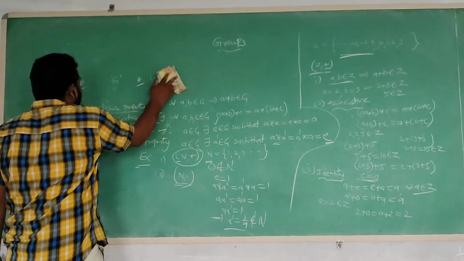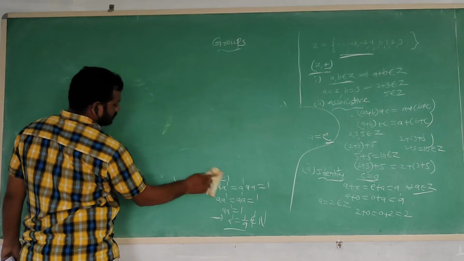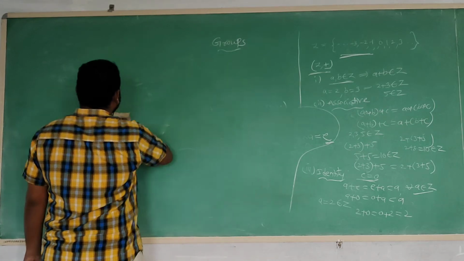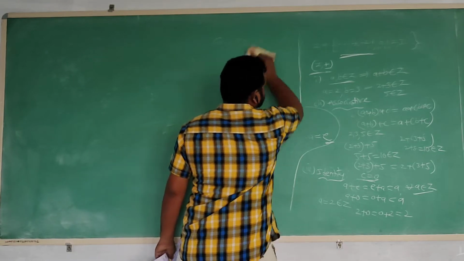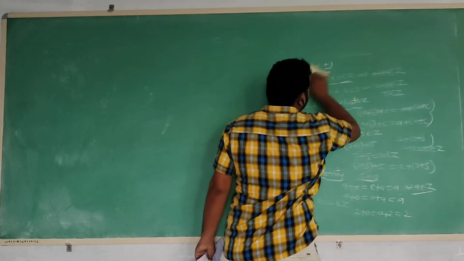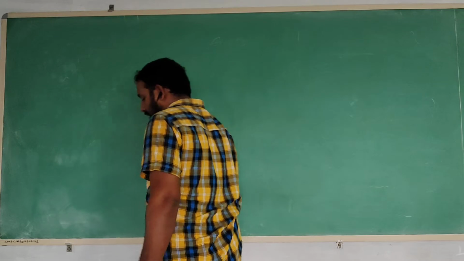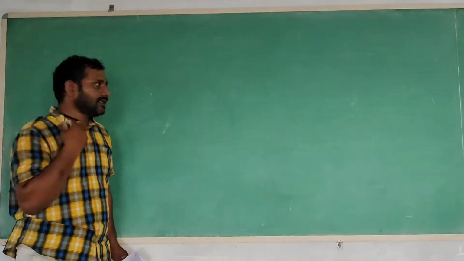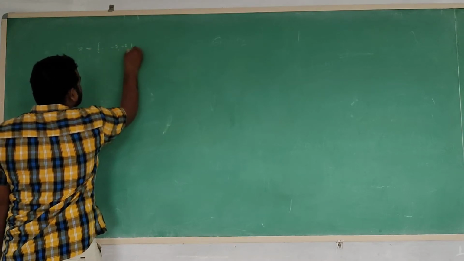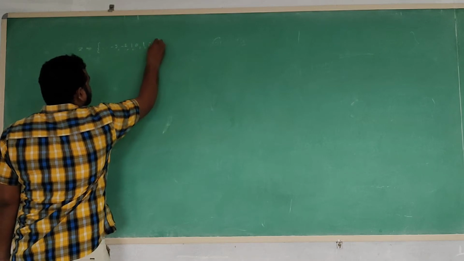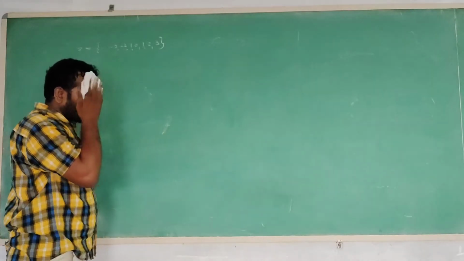Now let's look at the inverse property. For (Z, plus), Z equals the set of integers, minus 3, minus 2, minus 1, 0, 1, 2, 3, and so on. The last property is the inverse property.